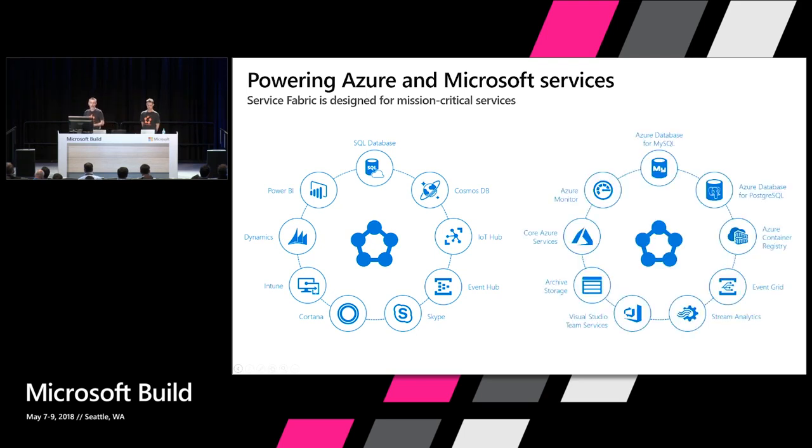But we've added more in the last year: Azure Container Service, Event Grid, other databases, Postgres, MySQL. All of these now build on Service Fabric as the underlying platform. And each day, we see tens of thousands of new cores launched that run Service Fabric.